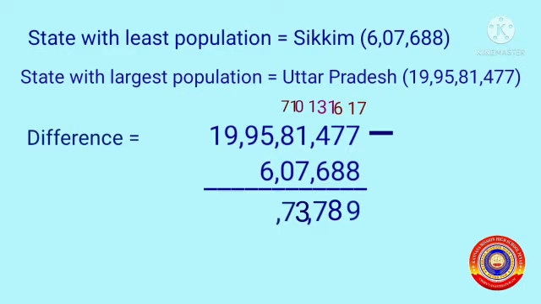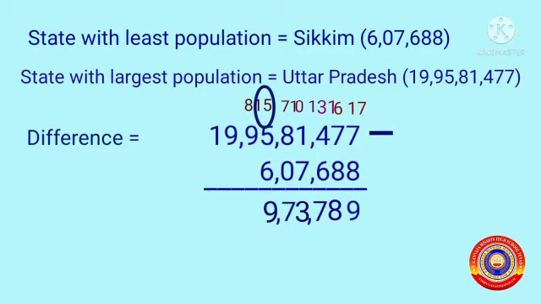Next, in the lakhs place, we have to subtract 6 from 5. We can't subtract 6 from 5. Then borrow from the number in the 10 lakhs place. Then 5 will become 15 and the number in the 10 lakhs place, 9, will become 8. Then 15 minus 6 is equal to 9.